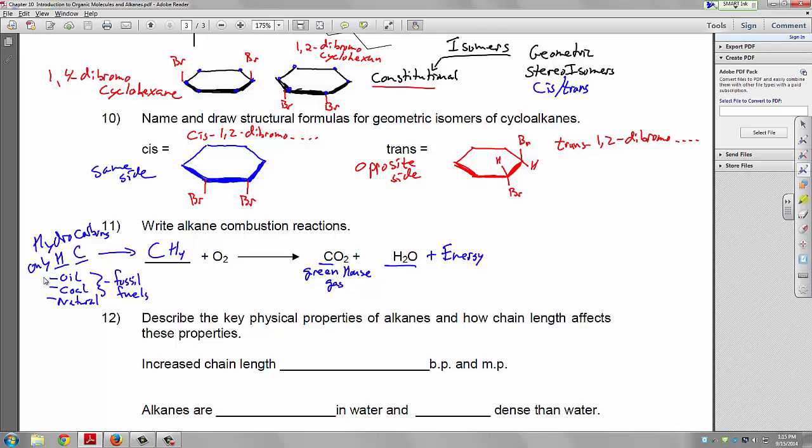If you burn oil and natural gas, actually if you burn anything, you're going to produce nitrogen dioxides, which create smog. Coal also produces sulfuric acid, which is a component of acid rain, so it damages soils and plant life.